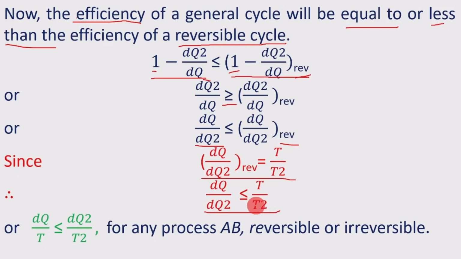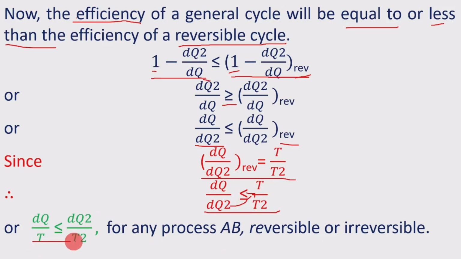Then if you rearrange these terms, dividing by T in the first term and taking dq2 to the numerator in the second term, we can write dq by T is less than or equal to dq2 by T2 for any process AB.